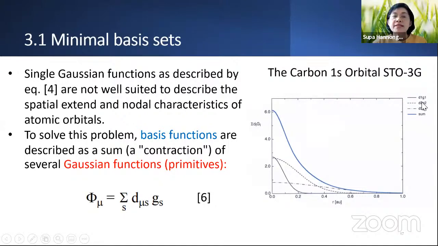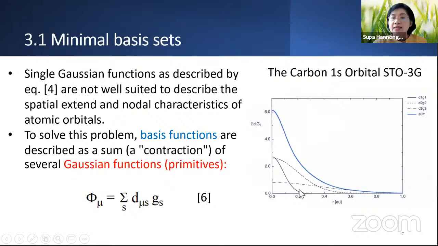Each term is the exponential part of the Gaussian function, if you remember. You can have separate functions, d1g1, d2g2, and d3g3.